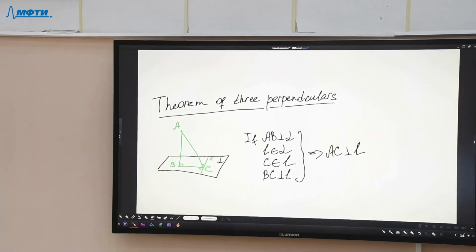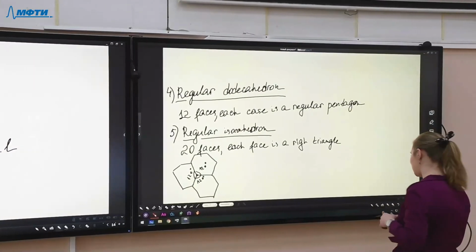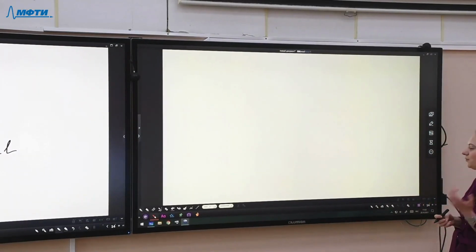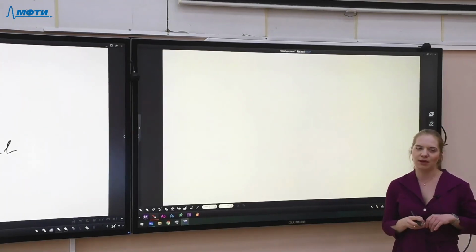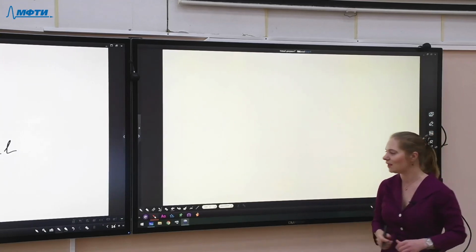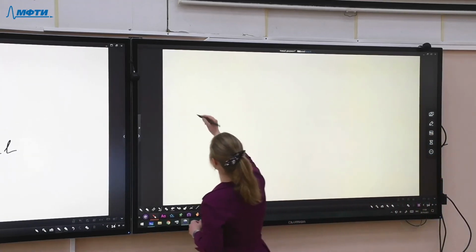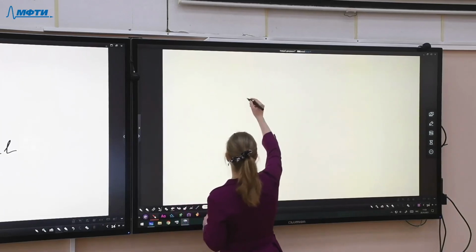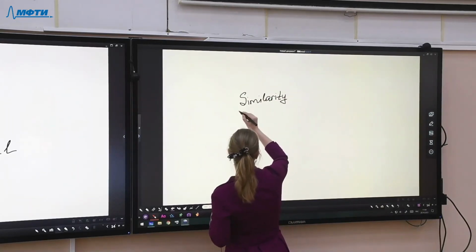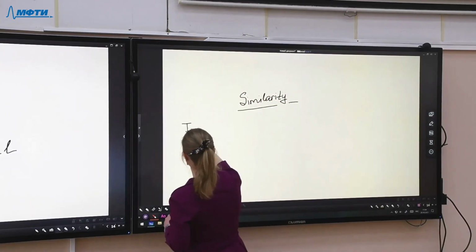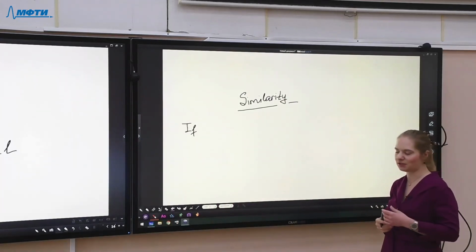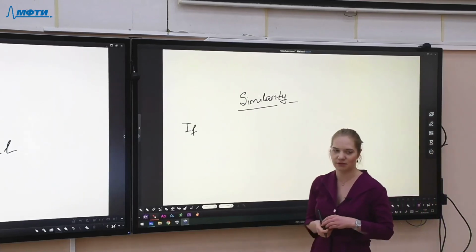Well, that's it about solid geometry, and I have just realized that I forgot to tell you about one fact from plane geometry when we consider similar figures and when we know the area of one figure. So, it's the topic of similarity. We consider an example of triangles, but actually we can use this fact for any similar figures.